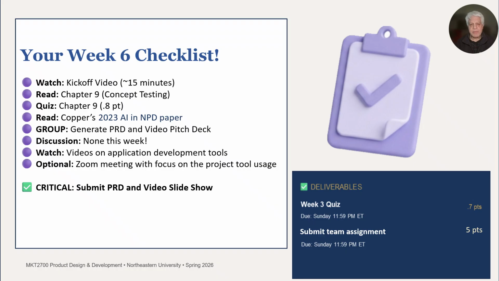Next is the big one. It's the group assignment. It's worth 5 points towards your final grade. And in it, you're going to walk through the application again, going through the various phases of how new products are brought to market, utilizing AI-generated tools. And you're going to gather all that information, review it, sign off or make changes, and then you're going to create a product requirements document, which I am giving you also another skill that automates the generation of.